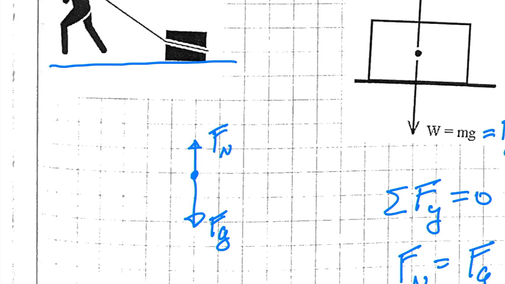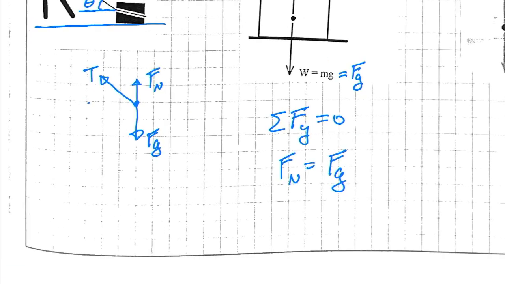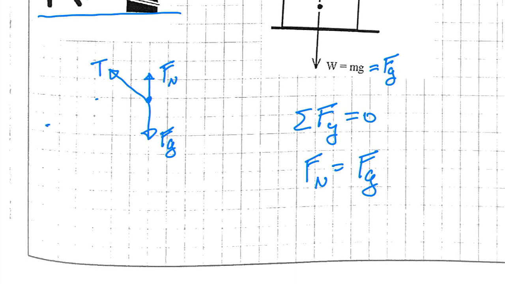I'm doing it here just because we have a force of tension coming up this way, and that force of tension is going to be at some angle here. We'll call that theta, the most common symbol for an angle. And if we apply Newton's laws here, we know sigma Fy equals 0.